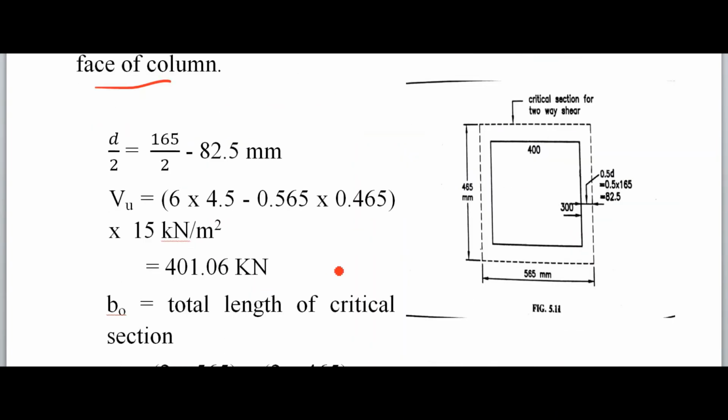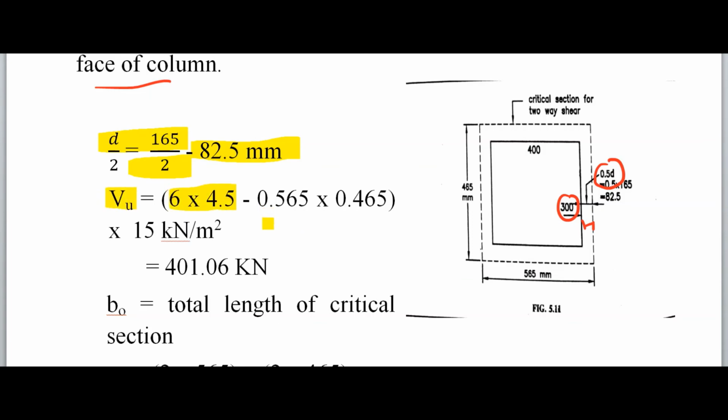You can see in this figure this distance is d by 2 from the face of the column, which is 300 mm. This is the critical section for two-way shear, right? Here d by 2 is 82.5 mm.